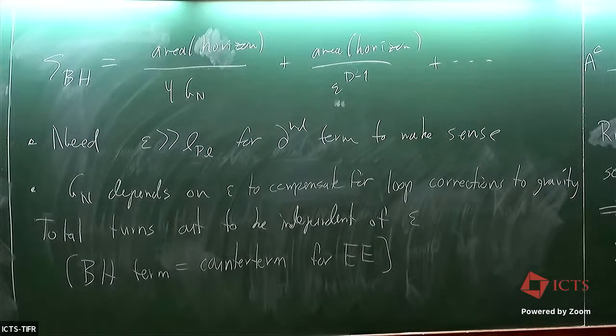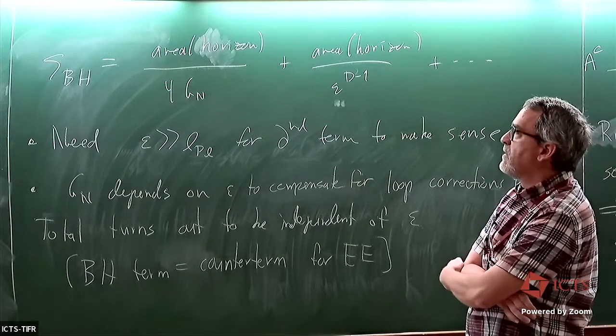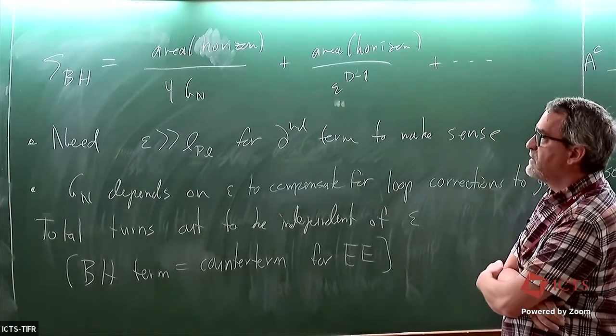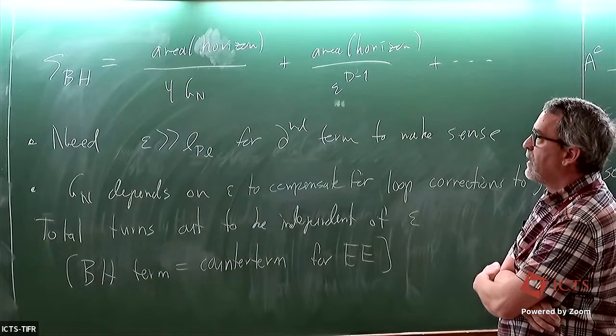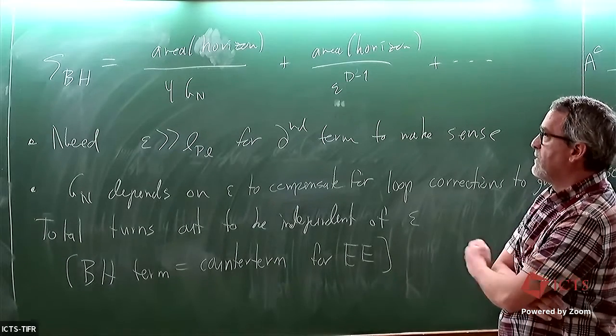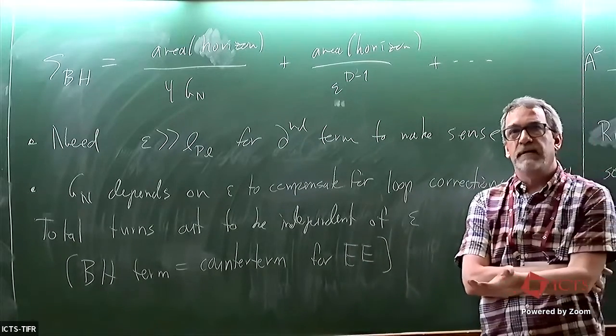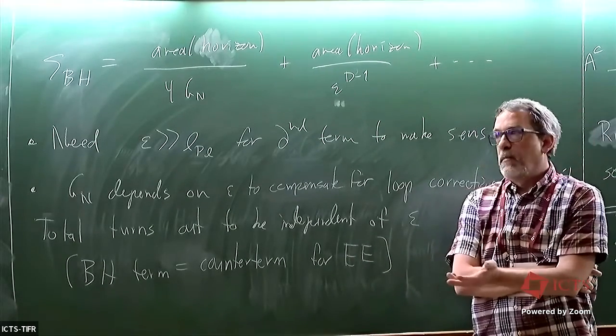Yeah, I mean, I think it must be the case that the G Newton, the renormalized G Newton that you use in the Bekenstein-Hawking calculation, which is the coefficient of the R term in your effective action, I mean, it must.